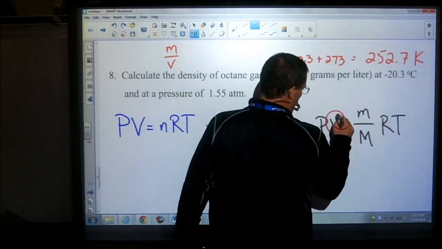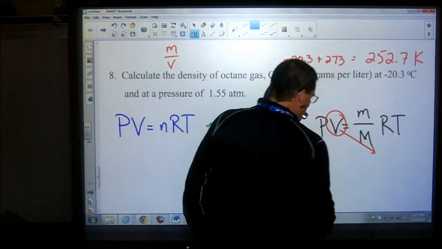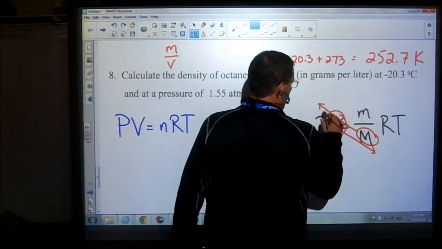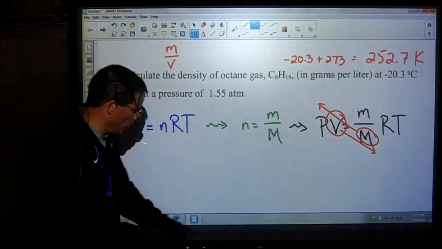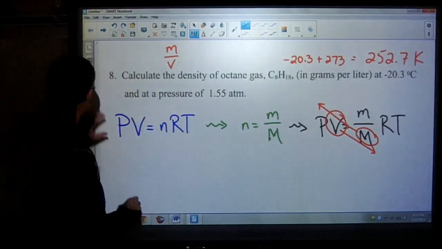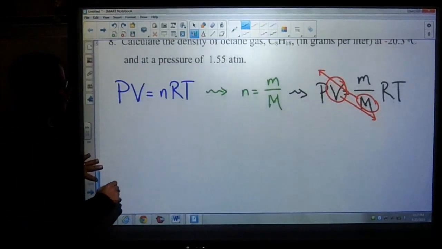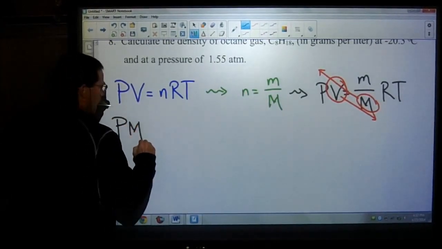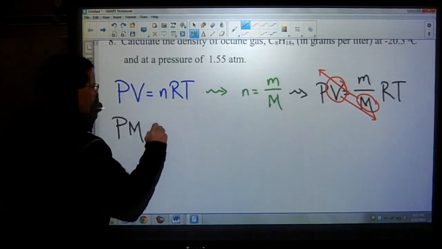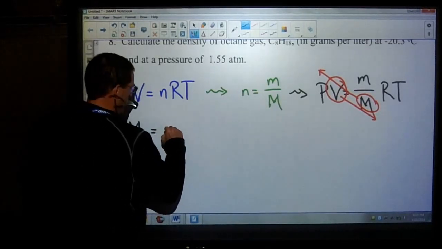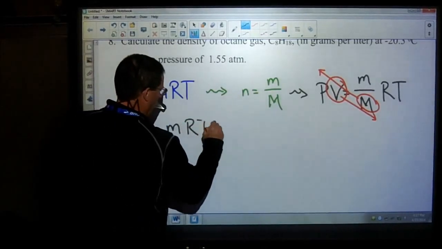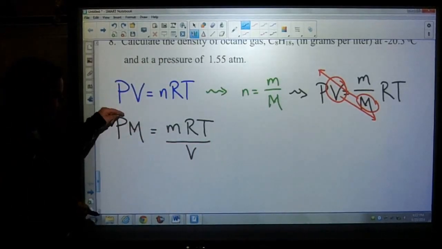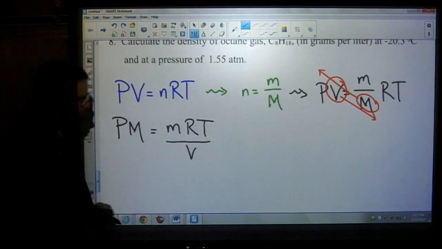So let's do that. Let's move the volume down here. And I'm actually going to move the molar mass up top just to get some of those variables moving right now. So now the equation looks like this, where I have PM is equal to little m RT, and volume's on the bottom. So we've moved the molar mass over, and we've actually switched these two variables.